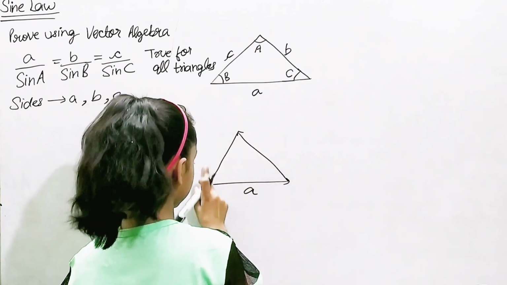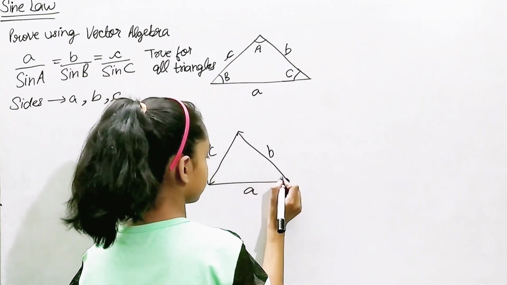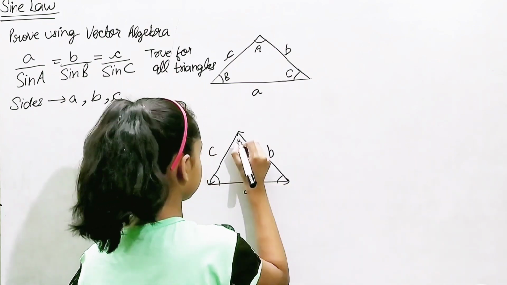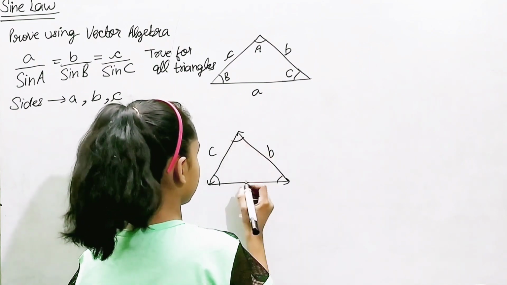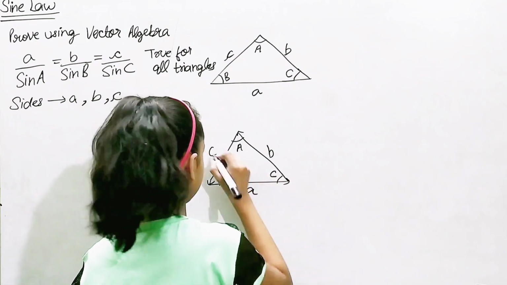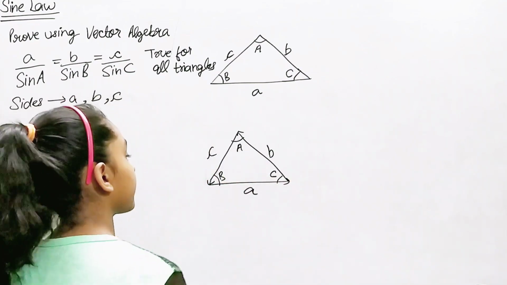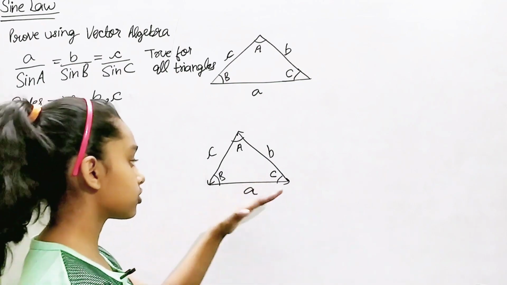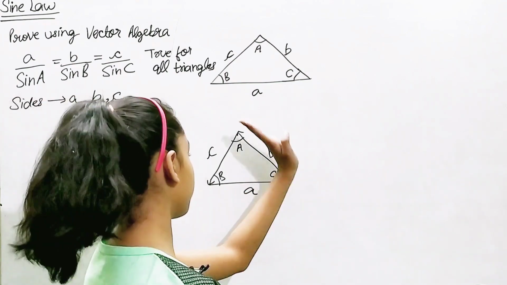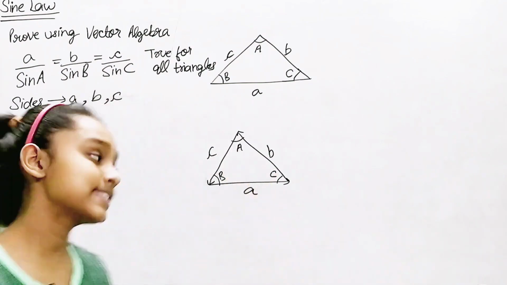I hope it is okay. Capital A, capital B, and capital C. You can see that these are our vector A, vector B, and vector C, and the angles are capital A, capital B, and capital C.